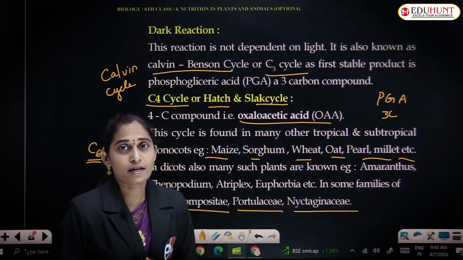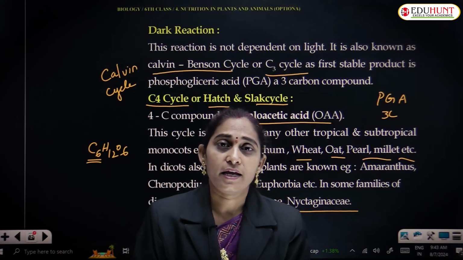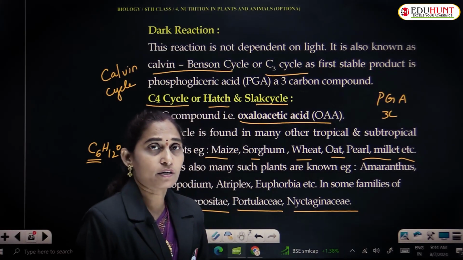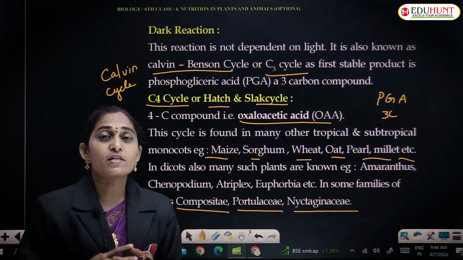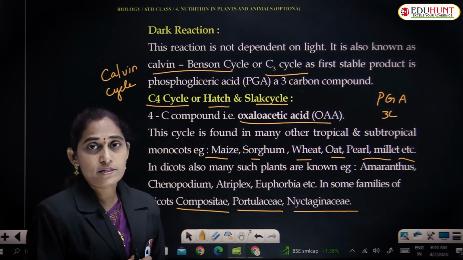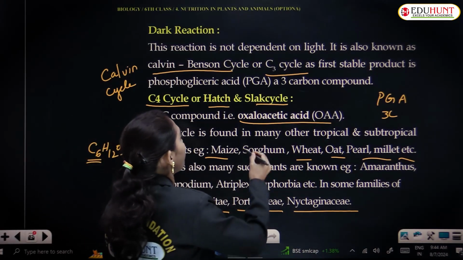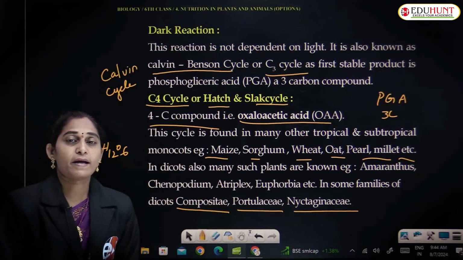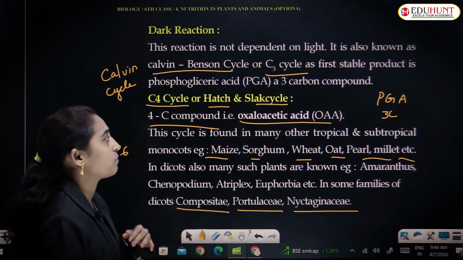The C3 cycle is where the first stable product of the dark reaction is PGA, a 3 carbon compound. That is why it is called the C3 cycle. In some other plants, the first stable product is oxaloacetic acid, a 4 carbon compound, called the C4 cycle, described by Hatch and Slack.